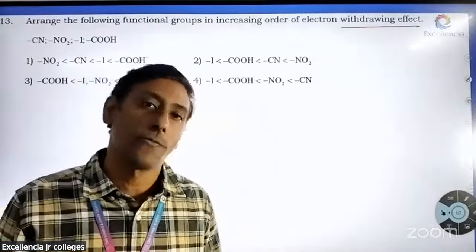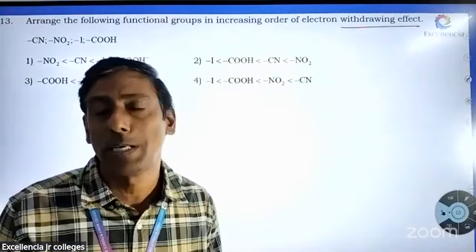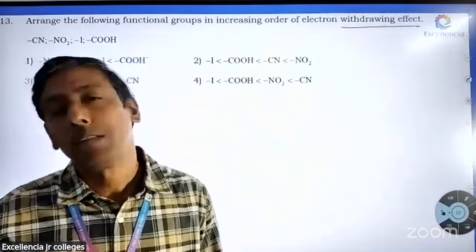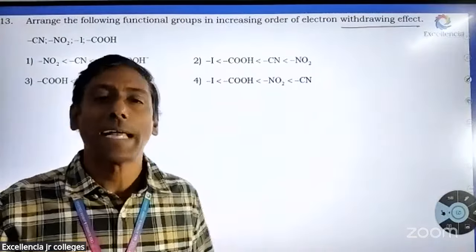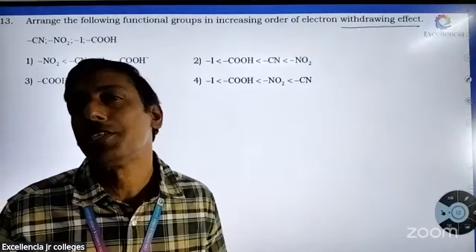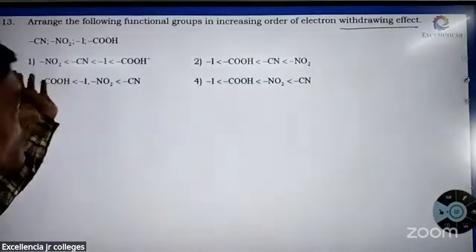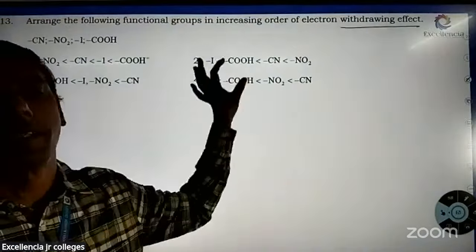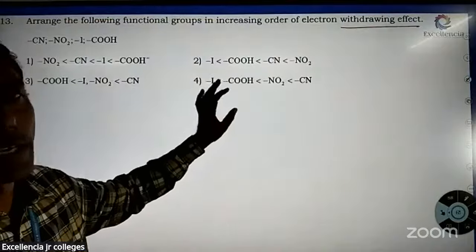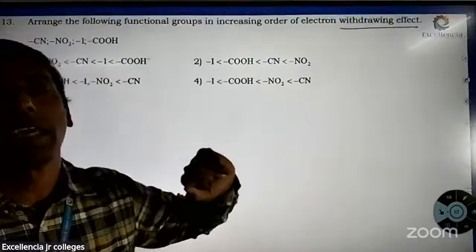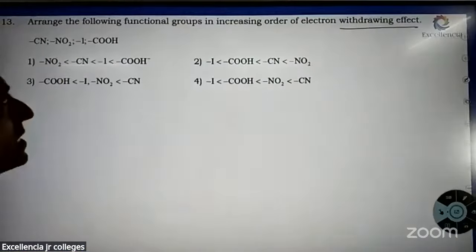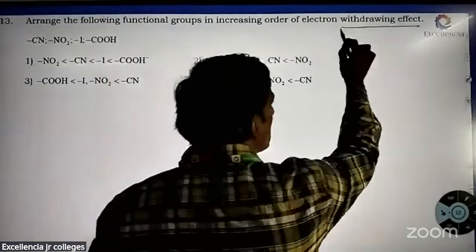When you do the electrophilic substitution reactions of benzene, we will study all the strong withdrawing groups, moderate withdrawing groups, weak ones. They will use the words activating, deactivating. So we'll come across the concept in 2-3 places in organic chemistry: in GOC, and when we study electrophilic substitution reactions of benzene.